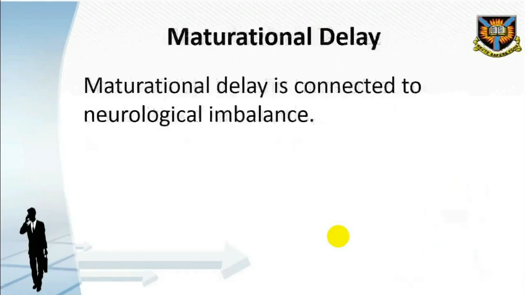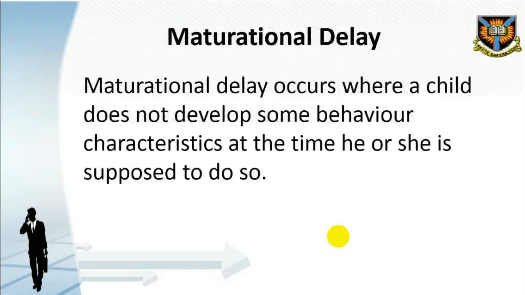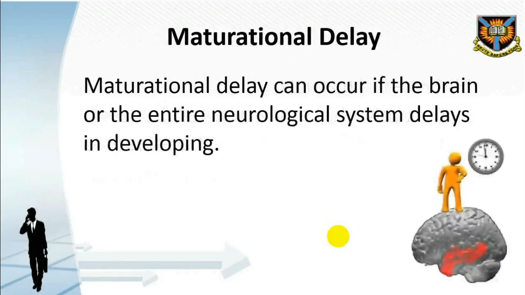2. Maturational delay. Maturational delay is connected to neurological imbalance. Maturational delay occurs where a child does not develop some behavioral characteristics at the time he or she is supposed to do so. An example is when a child fails to talk until he or she is 2 years old. Maturational delay can occur if the brain or the entire neurological system delays in developing.